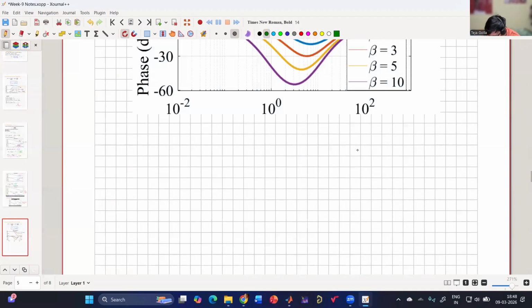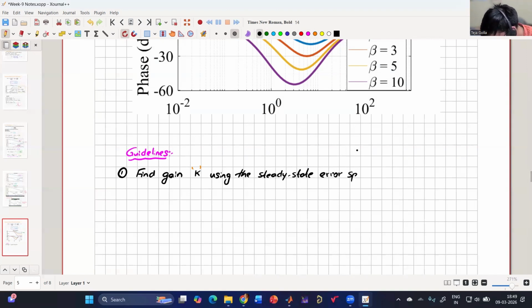So if we discuss the design guidelines. First again, we'll have to find the gain k, using the steady state error specifications.